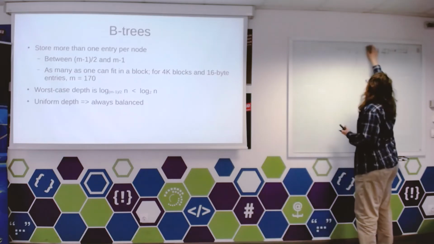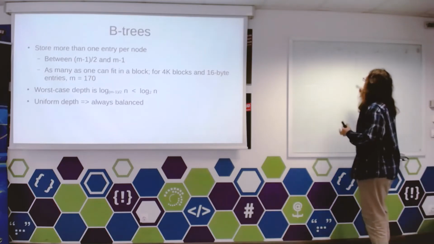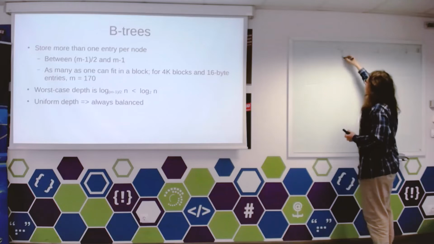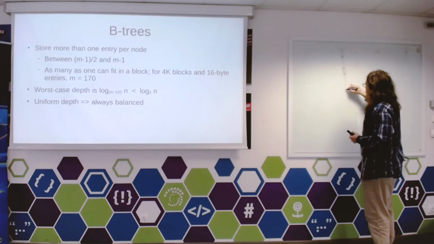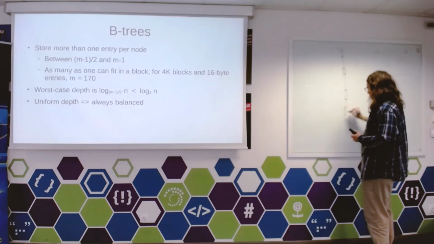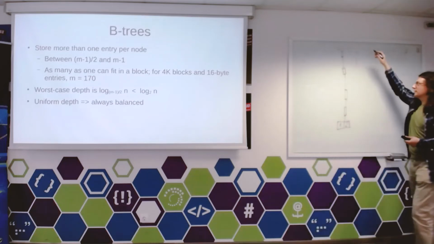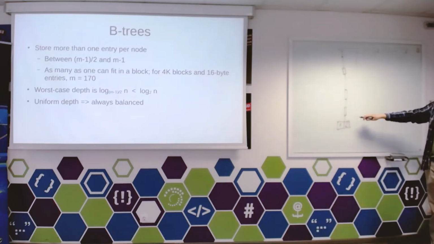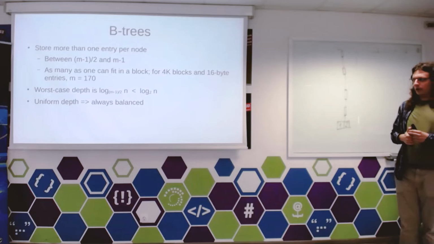So with n equals 2, this is a perfectly valid B-tree, and it's not something you want.